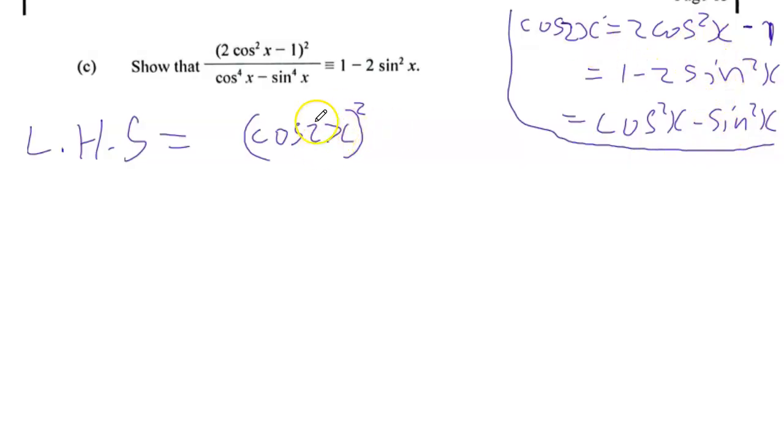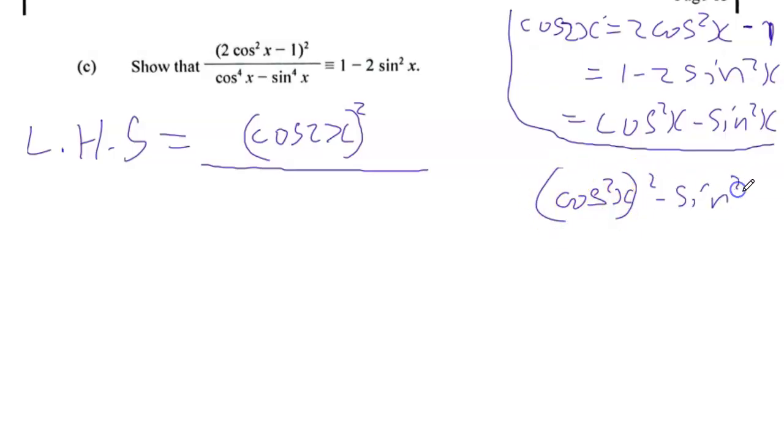So the numerator is actually cos 2x, recognize that. Now the denominator, notice that this is a difference of squares. Think of the denominator as cos square x all square minus sine square x all square. That's what the denominator is.